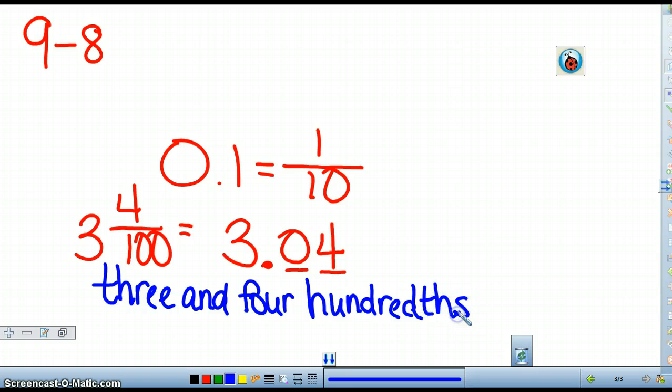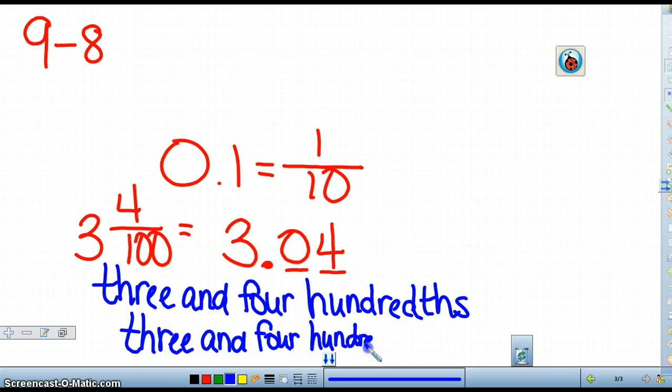Now, let me show you something that people do all the time on tests, and I have to mark it wrong. 3 and 4 hundred, this fraction and this decimal is not the same as 3 and 4 hundredths. If you have it written as this, it is wrong.